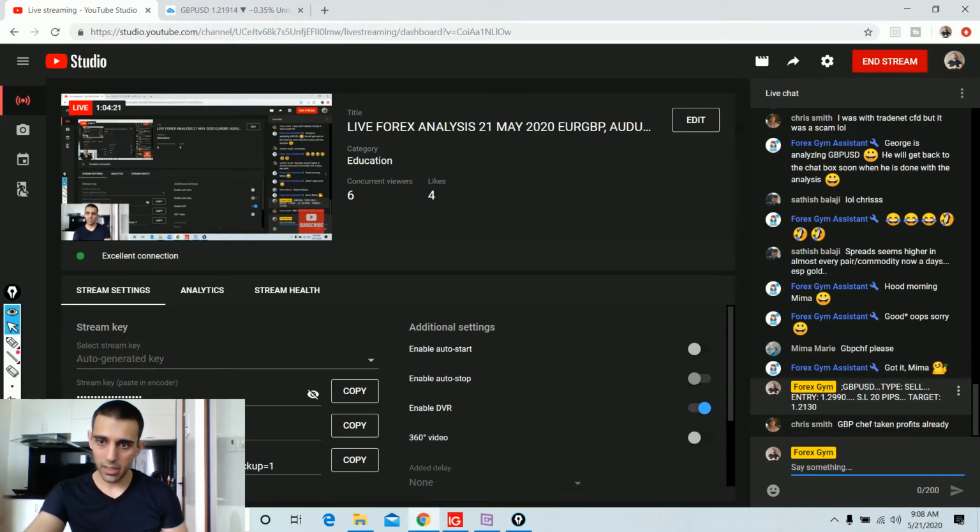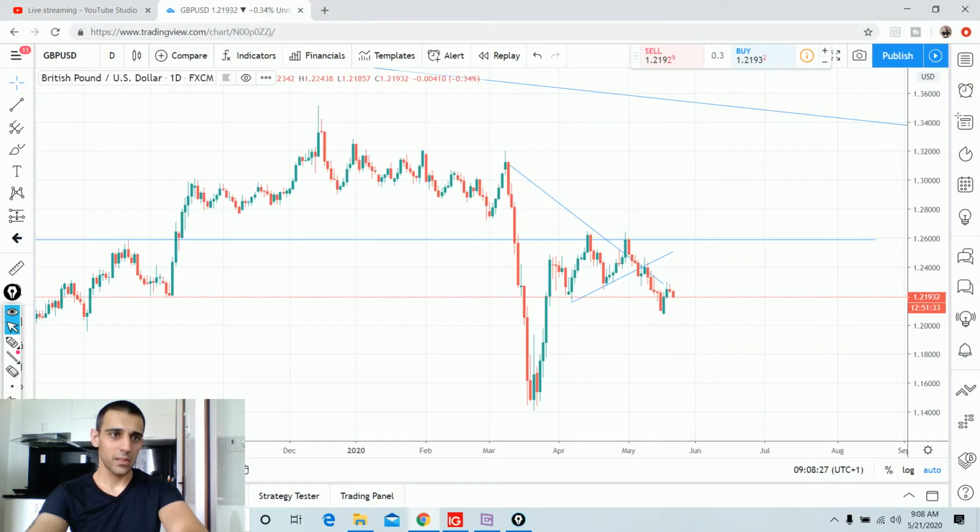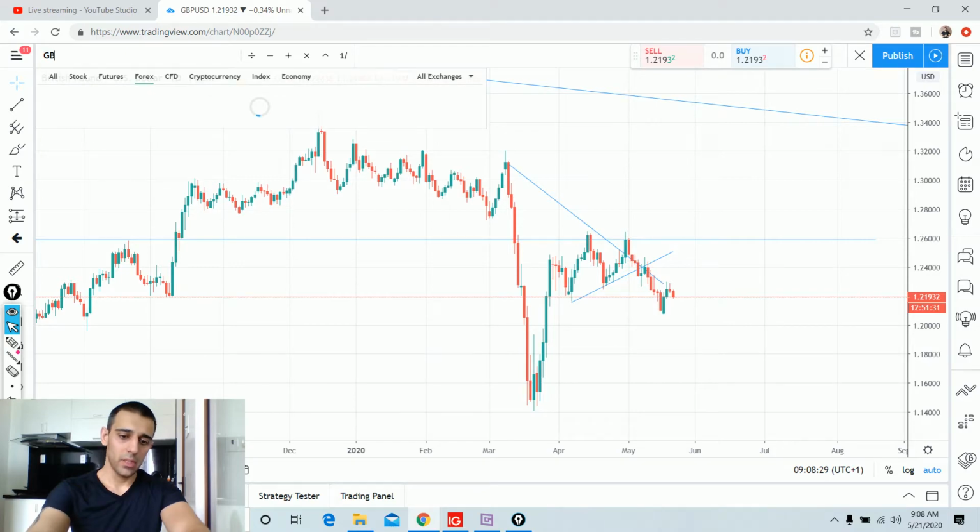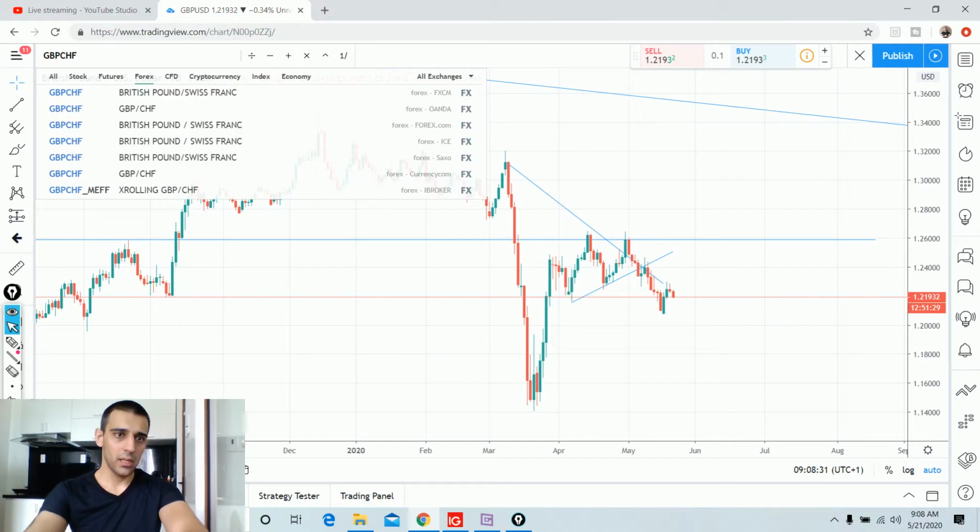British pound against Swiss franc, Mima is asking. Okay, I'm going to have a look at the GBP CHF. Taking profits already. So let's go to GBP CHF.